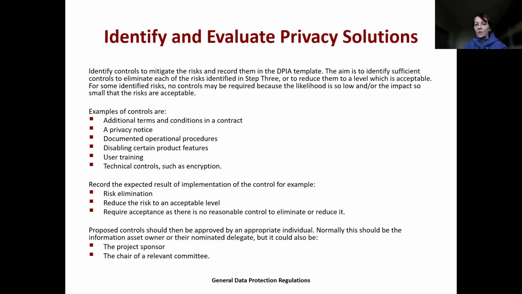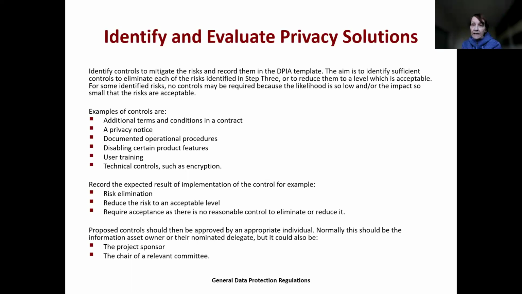Some risks require acceptance as there is no reasonable control to eliminate or reduce them. Yeah, sometimes we have no choice. Sometimes you have to just accept a risk because you have to implement what you're implementing. How we do that is we don't take that decision ourselves. We would normally refer that up the line.